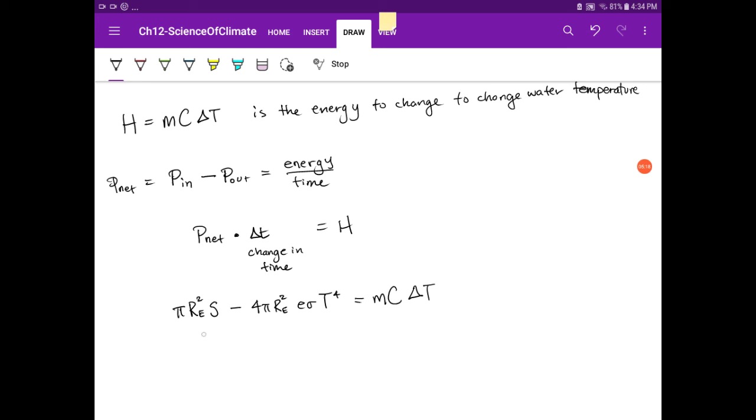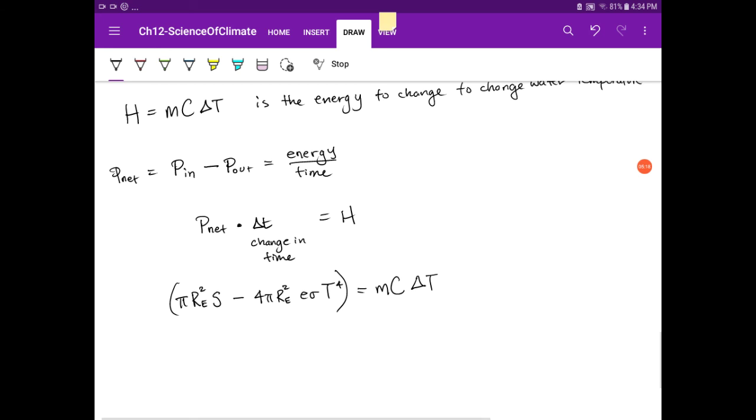We're going to see how to apply this and make calculations, but since we have a change in temperature, we have to break this into pieces, begin from a planet that is at 0 temperature, allow the sunlight to come in, and then slowly warm it up by taking very small steps. And I actually left a very important piece out here. I have this P net, but I forgot to multiply by a change in time.